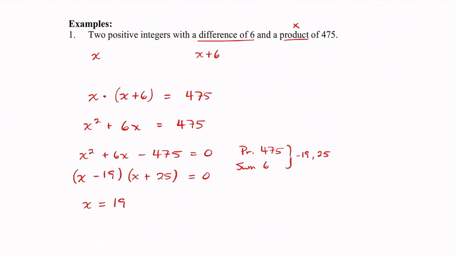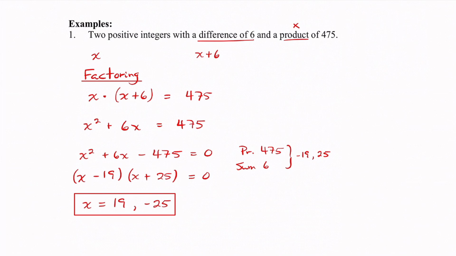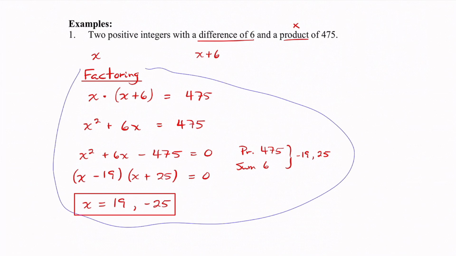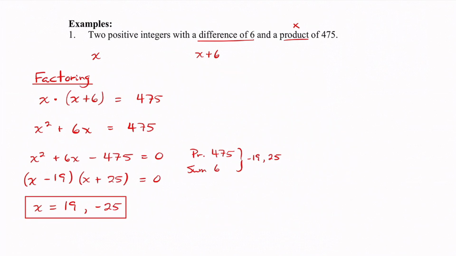And then from this one, if I set it equal to 0 and then subtracted 25 from both sides, you'll get negative 25. So those are our 2 answers. So that was our factoring method. I'm just going to put that up top. And then I'm just going to slide this all out of the way to the left here.